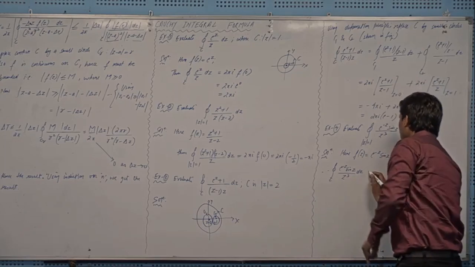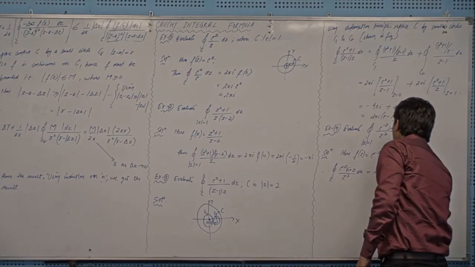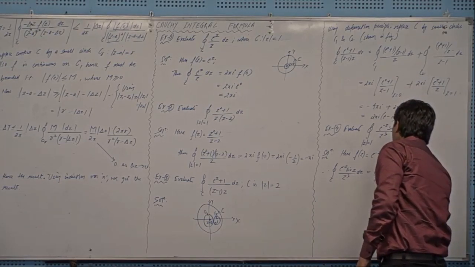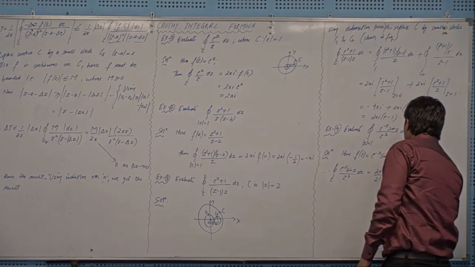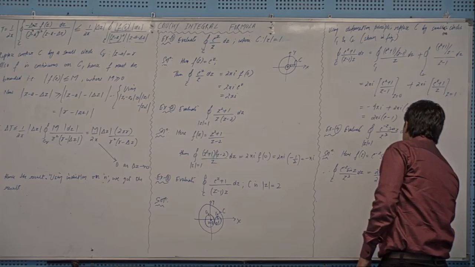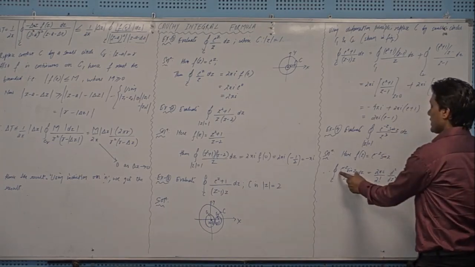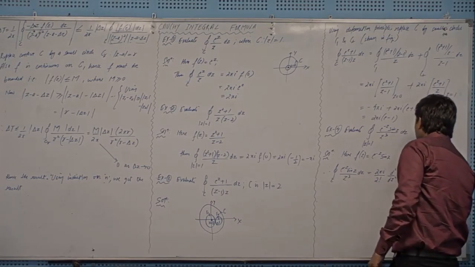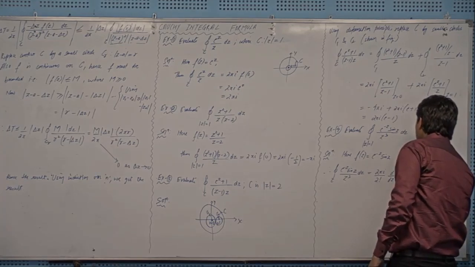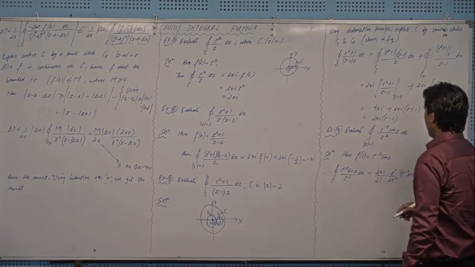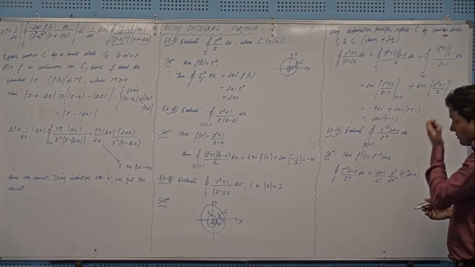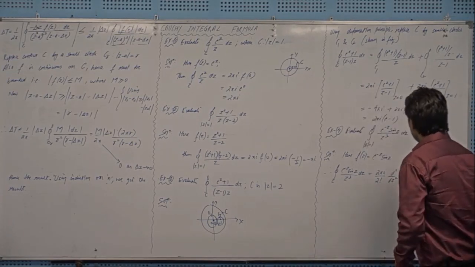And I will apply the formula, and that formula is 2 pi i over, I think that will become 2 factorial, because n is equal to 2 here, right? And d square by dz square of this f(z). So this is f(z), e to the power minus z sine z, and then we put f double dash, I should write in that notation.